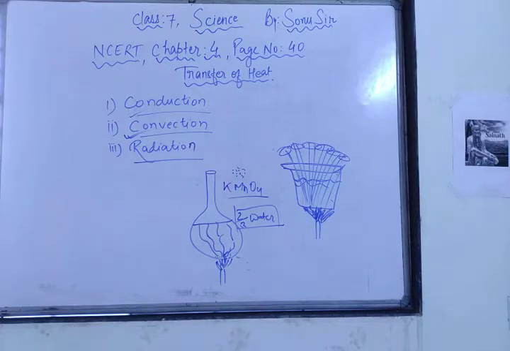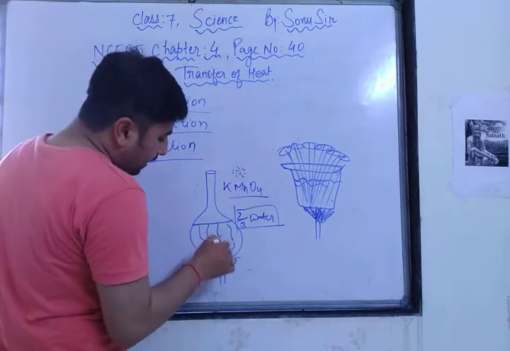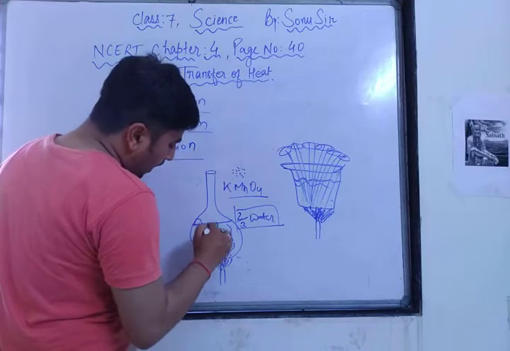As we have read, when water is heated, the water near the flame gets hot, the hot water rises up, and the cold water from the sides moves downward. So you will see here the hot water rising up and the cold water moving down.